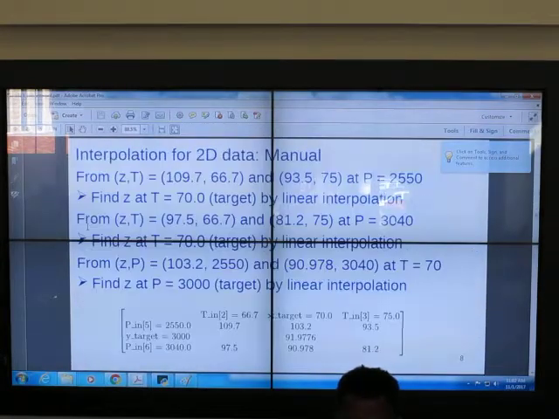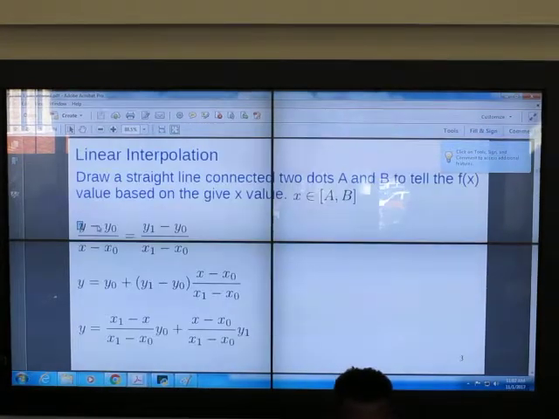That's it. That is linear interpolation. You get the point? So we need x0, y0, x1, y1, and we need one more for the value of x. Then we can predict y, or if we already have y, we can predict x. Question? No question. Alright?